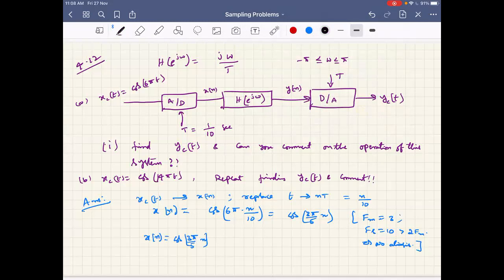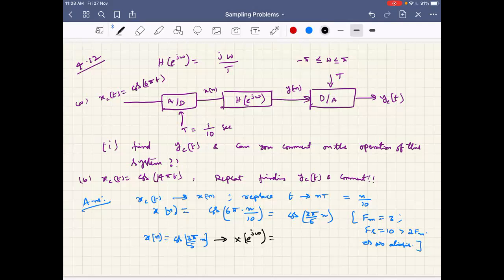I can find x of e power j omega anyway, but do I need it? Can't I do without finding x of e power j omega explicitly?